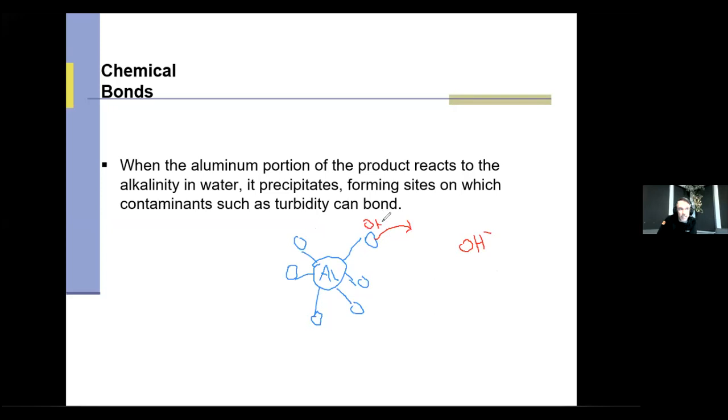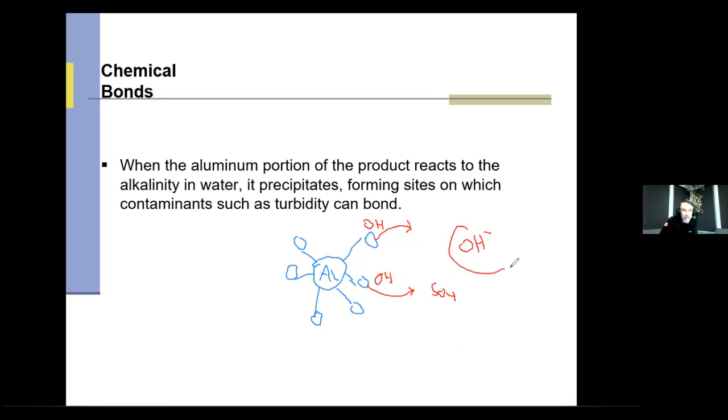So basically 6 OHs are going to bond with this, and all of these blue guys, all these SO4s, are going to go into the water. So we're going to put more sulfate into the water, and all the alkalinity is going to attach to these arms. Now, here's the problem.